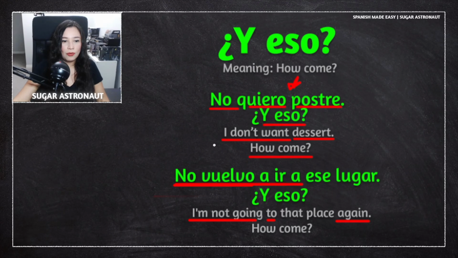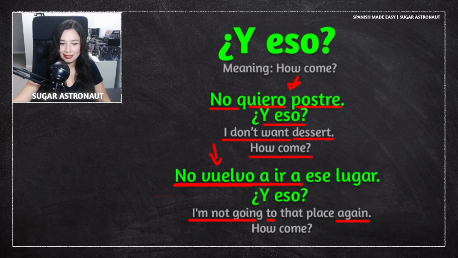Okay. So vuelvo comes from the verb volver. Volver means to come back. It means quite a few things. Volver means to return, to come back, to go back. Okay? So essentially you're saying I'm not coming back to that place.